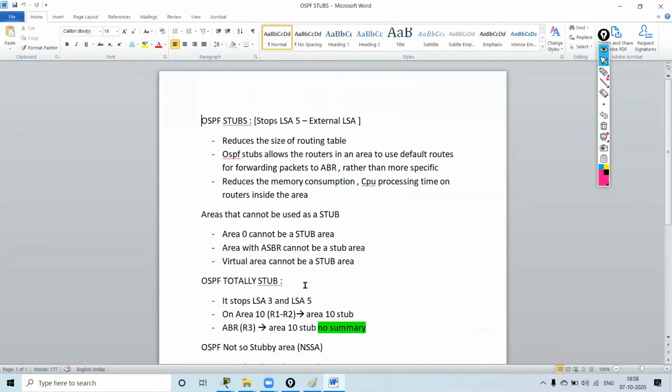It will use a default route to the ABR to communicate with the external and O IA routes. It reduces the number of LSAs within the area, so in turn it will reduce memory and CPU resources.